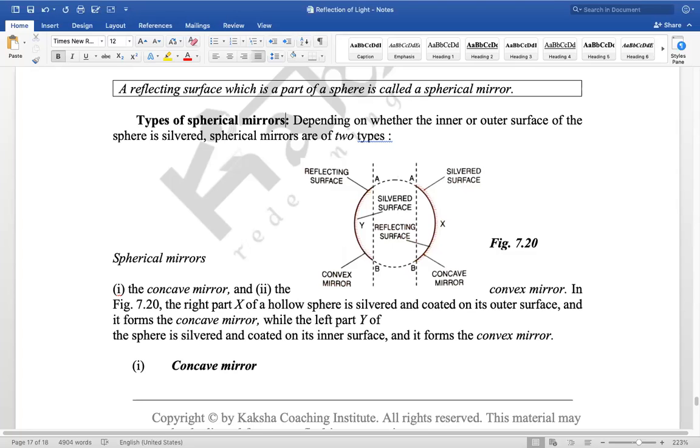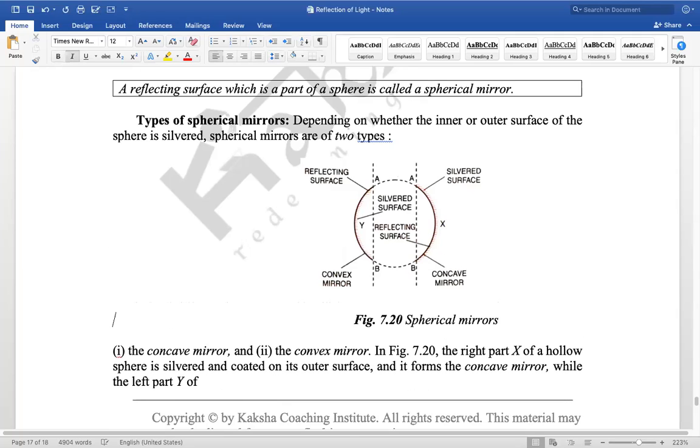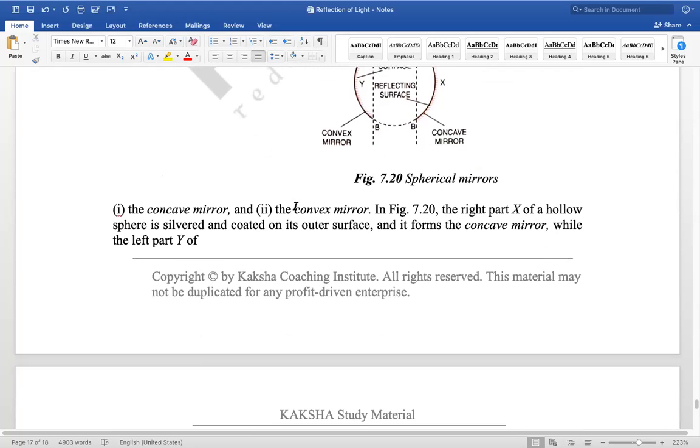Spherical mirrors can be either of the form concave mirror or of the form convex mirror. So the concave mirror and the convex mirror.